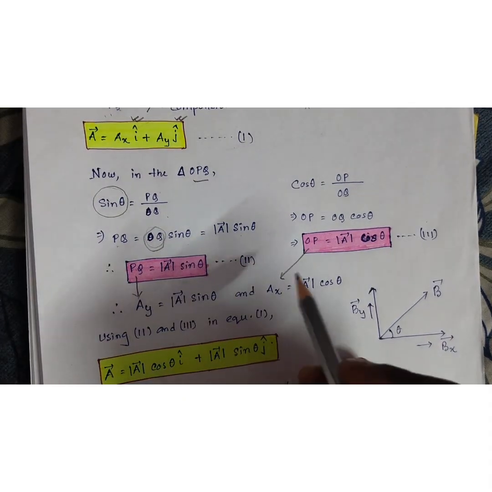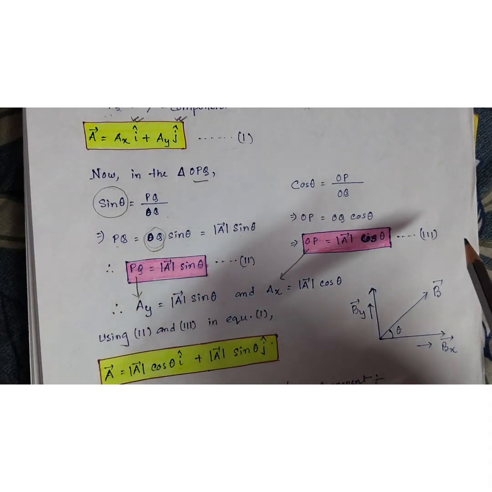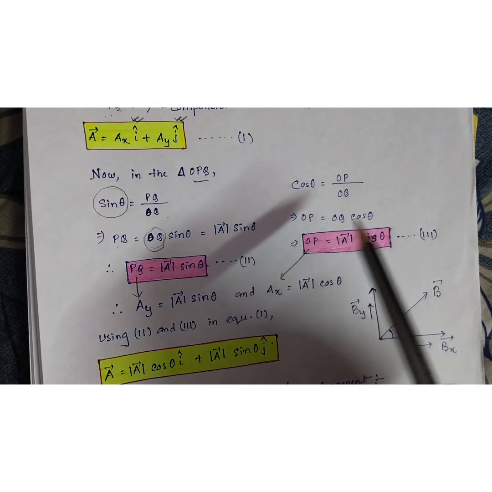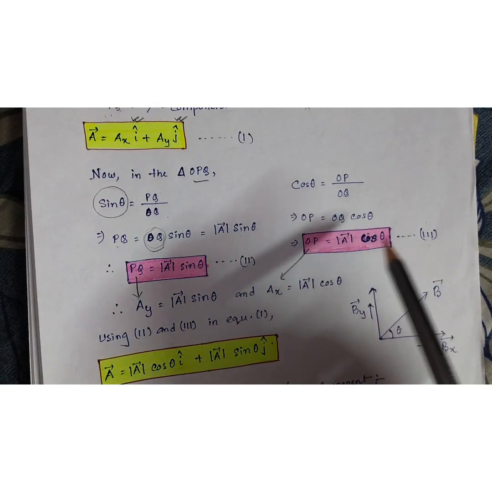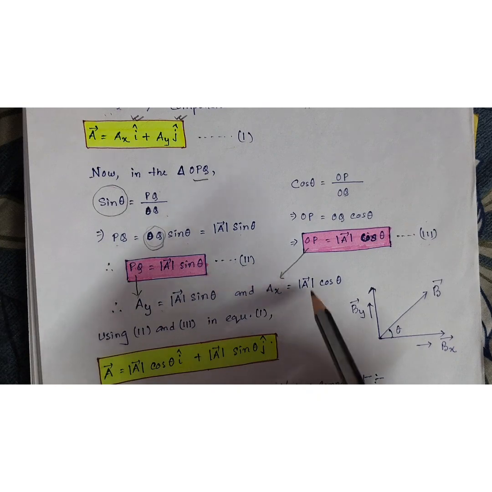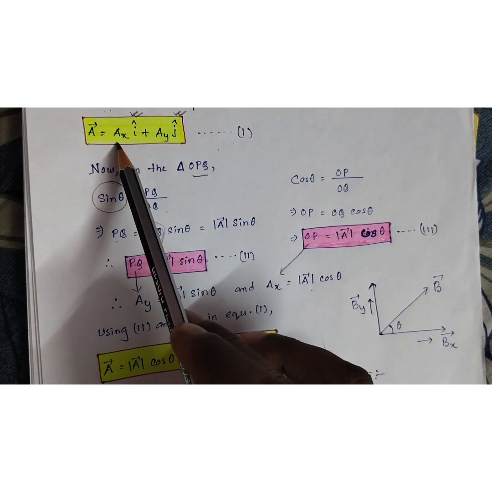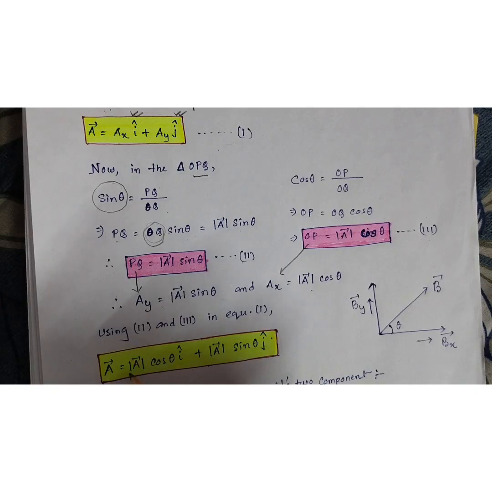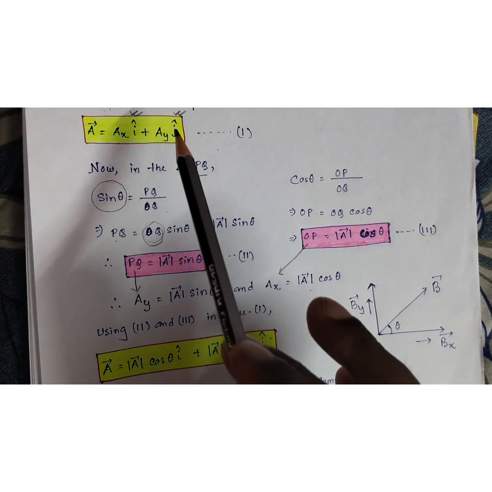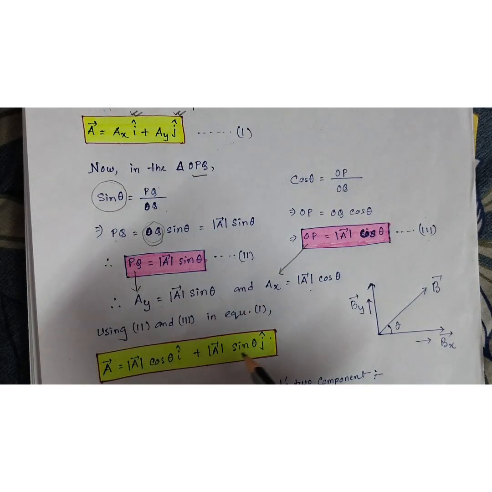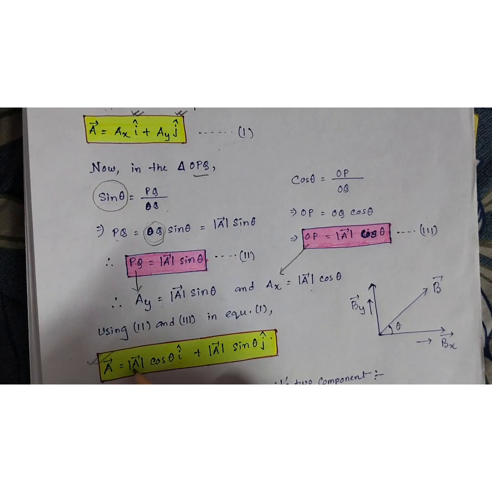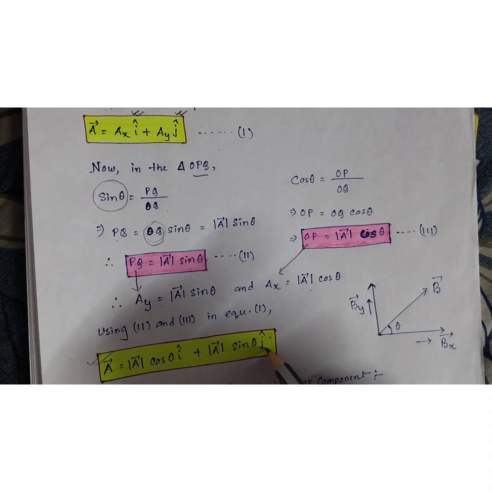Now we are substituting the values from equation 2 and equation 3, this AX and AY, into equation 1. In place of AX we have placed A cos theta, and in place of AY we have placed A sin theta. So vector A can be written as A cos theta i cap plus A sin theta j cap.